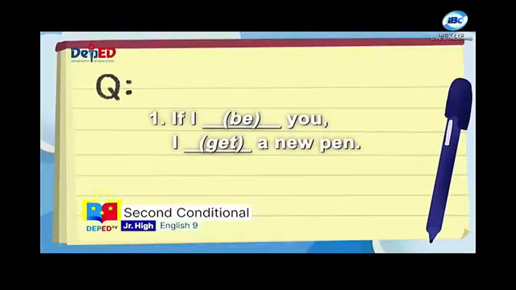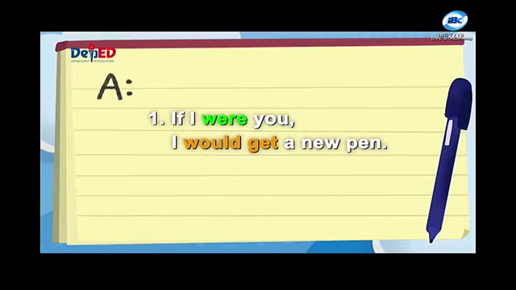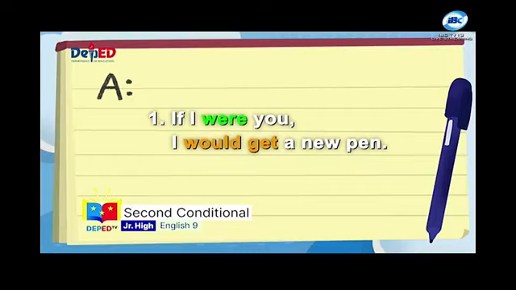Number 1. If I blank you, I blank a new pen. What could be the answer for number 1? Write it down. If your answer is like this, then you got it right. If I were you, I would get a new pen. Number 2.